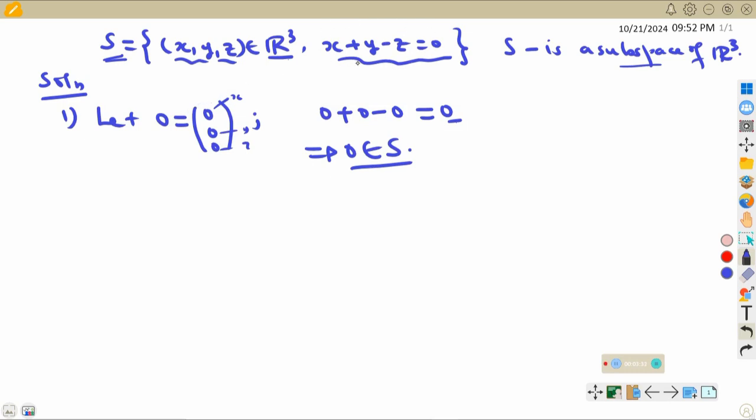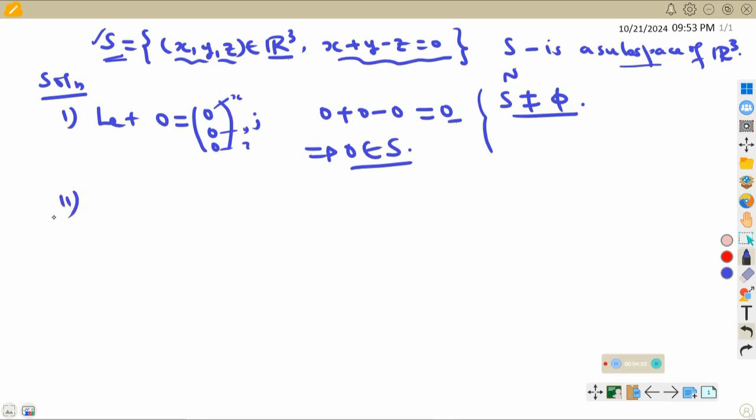We have seen that 0, 0, 0 plus 0 minus 0 gives you 0, so this condition is satisfied, and any vector that satisfies this condition is an element of S. So clearly, the 0 vector is an element of S. Here you have already shown that S is actually non-empty. That is what you have shown.